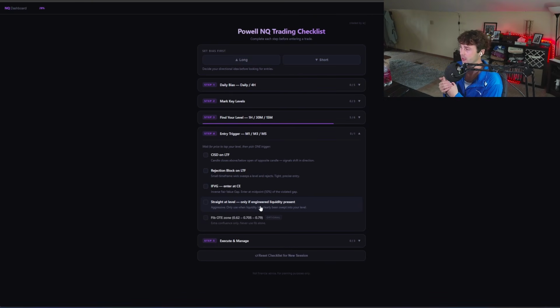So if the 705 on the fib lines up perfectly with the 4 hour rejection block and it's in confluence with your bullish bias, that would be decent to limit with like a 20-point stop loss. Okay, that's the only time I would do that. Otherwise, I would look for one of these. Probably not an inverse fair value gap, but if you like those, do it. I would just look for like a rejection block on the 1 to 5 minute and take that at your level. Okay, and then lastly, use the fib OTE.